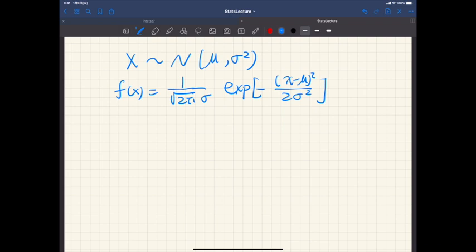And now we change variables by this linear transformation. The new random variable z is defined as x minus mu over sigma. Then the question is, what is the density function for z?